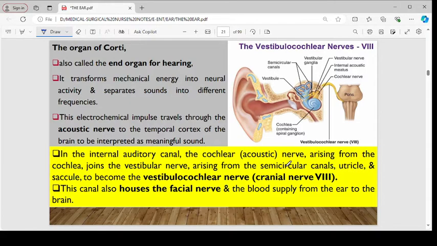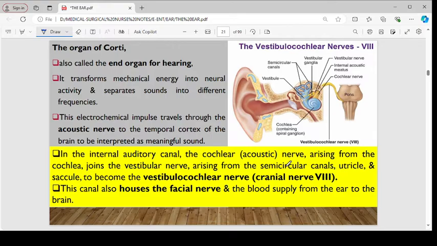Its work is to transform mechanical energy into neural activity and separate sounds into different frequencies. The electrochemical impulse will travel through the acoustic nerve to the temporal cortex of the brain to be interpreted as meaningful sound.